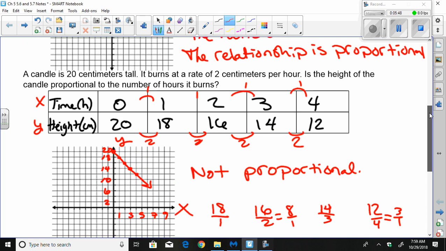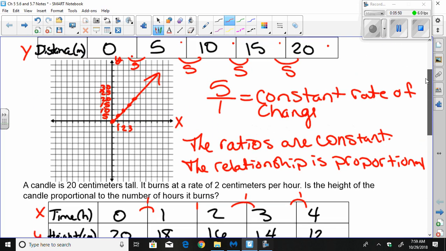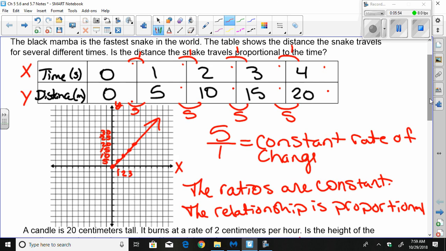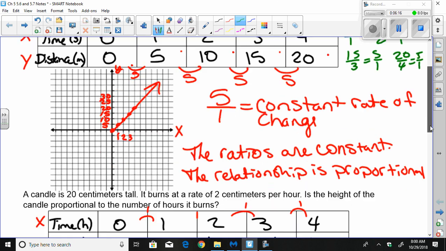If we go up to this one, our rate of change told us that we had a straight line. And if we went through and checked each one, 5 over 1, 10 over 2, which becomes 5 over 1, 15 over 3, which becomes 5 over 1, 20 over 4, which becomes 5 over 1, you can see that their y over x is constant as well as their constant rate of change.